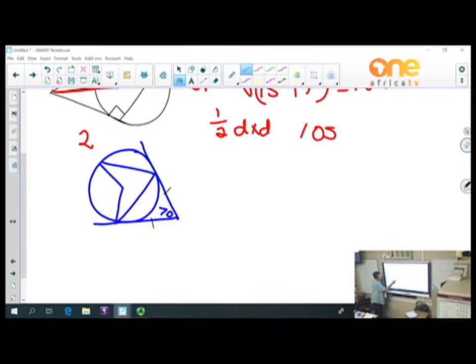So I know now that this is an isosceles triangle, which makes these angles 55 degrees. The second thing that I know is that this angle here is 90 degrees because it is the tangent to the radius. It must be the tangent to the radius. Here it's not 90 degrees because there's no radius there. So that's why this angle X is 35 degrees.